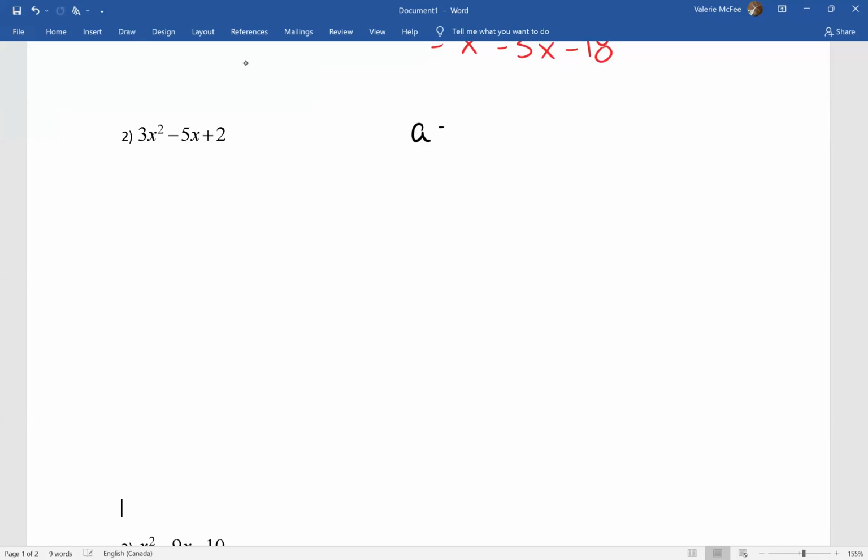So we need A, B, and C. Two numbers that multiply to equal A times C and add to equal B. A times C is 6. B is -5.